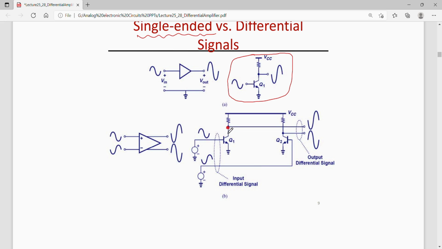The output is at Q1 and Q2, and the difference in the output is considered here. So the output is a double-ended or differential signal output in response to the differential input signal. Input is also differential here. Inputs at Q1 and Q2 are out of phase, so the outputs are also out of phase.